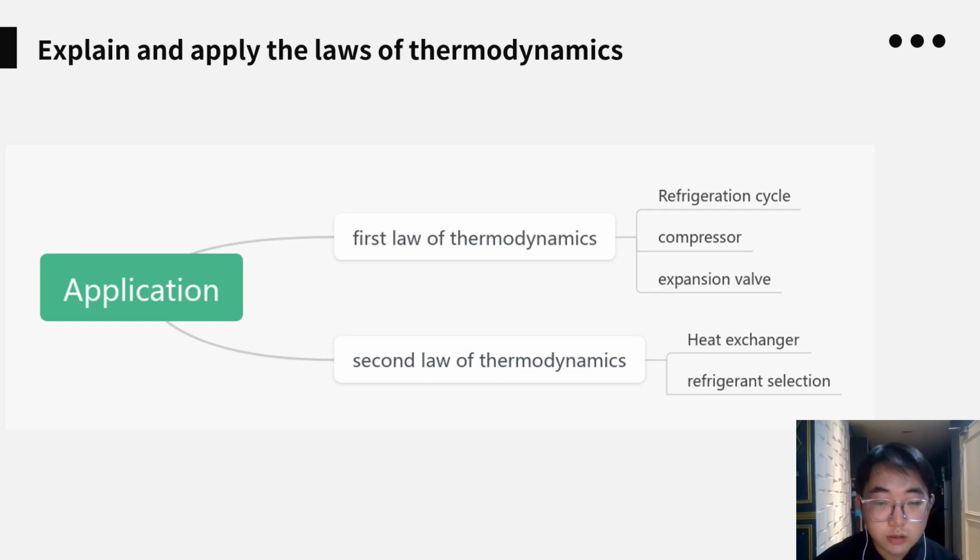This law is used to ensure that heat is transferred in the most effective way, thereby improving heat transfer efficiency. And the second law of thermodynamics affects the selection of refrigerants. Some refrigerants are more suitable for effective heat transfer under special temperature and pressure conditions. Engineers will consider these factors to optimize system performance.